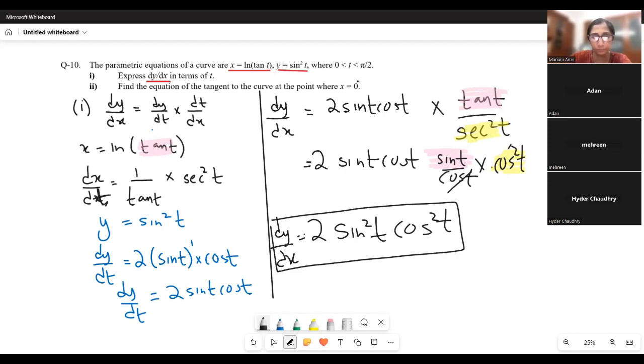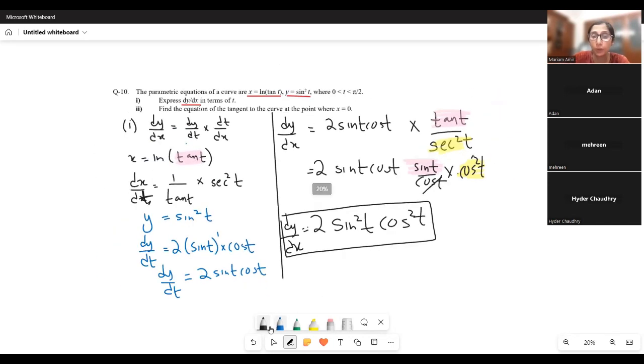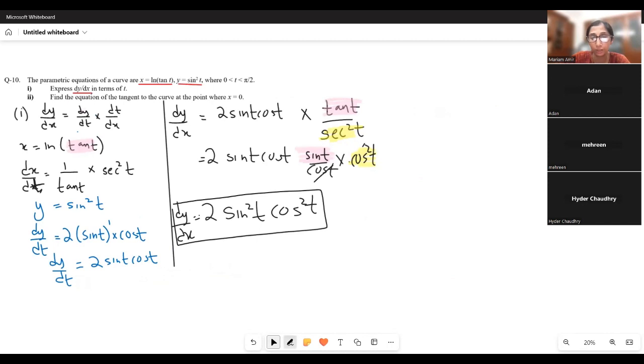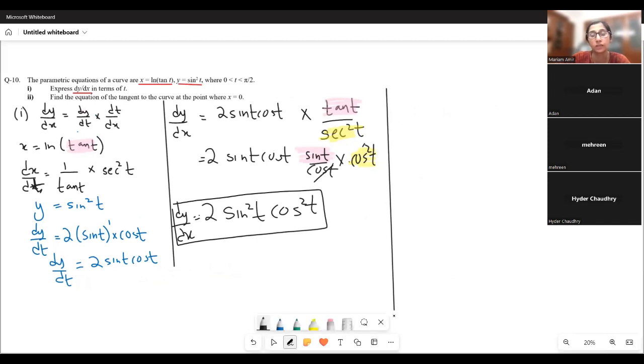All right. Part 2. Find the equation of the tangent to the curve at the point where x is equal to 0. So the equation of tangent is y equals mx plus c, and we need a point on the curve so that we can find m as well as c.